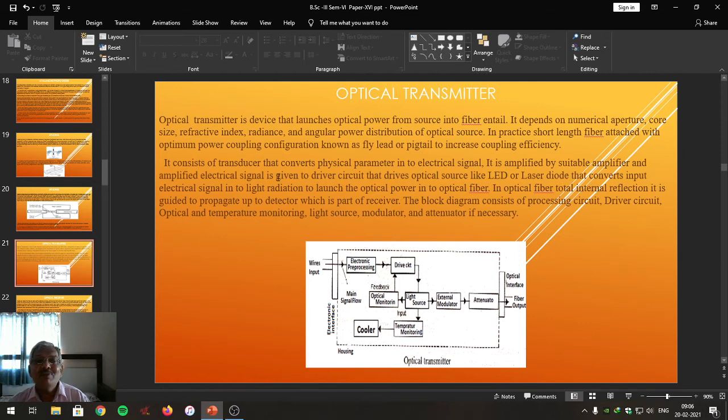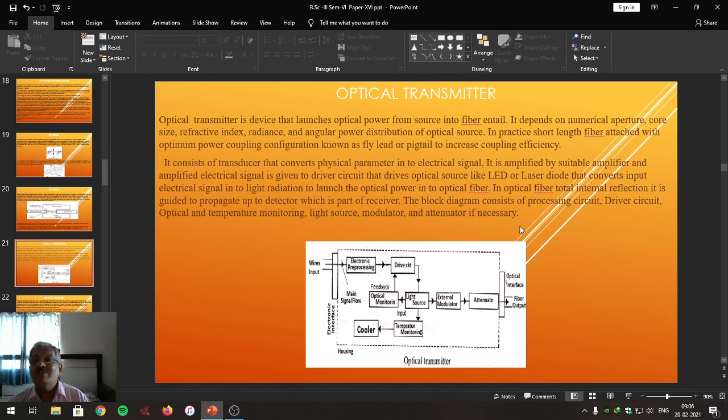That converts the input electrical signal into light radiation to launch the optical power into the optical fiber. In the optical fiber, due to total internal reflection, it is guided to propagate up to the detector, which is part of the receiver. The block diagram represented here consists of the processing unit, driver circuit, optical and temperature monitoring blocks, light source, modulator and attenuator if necessary.